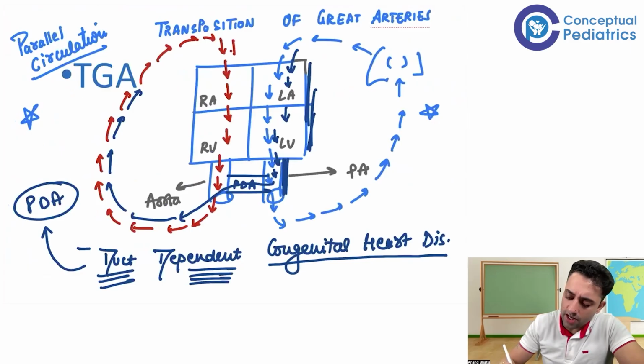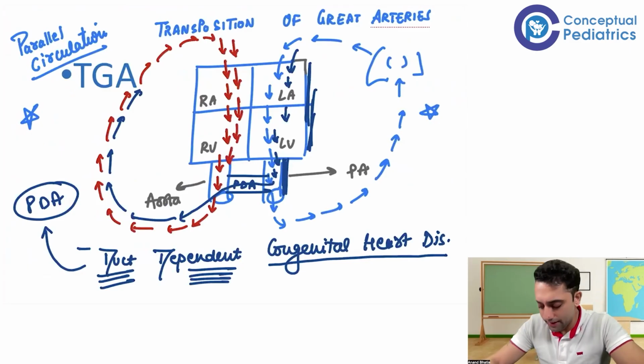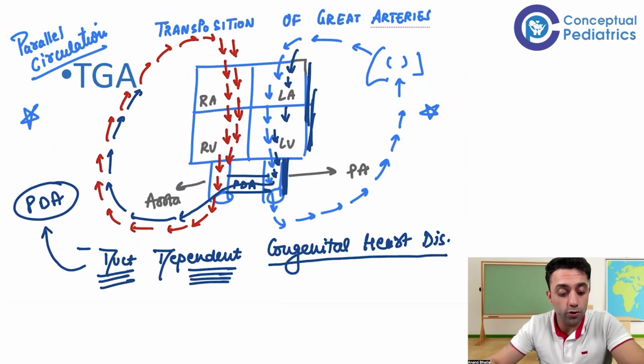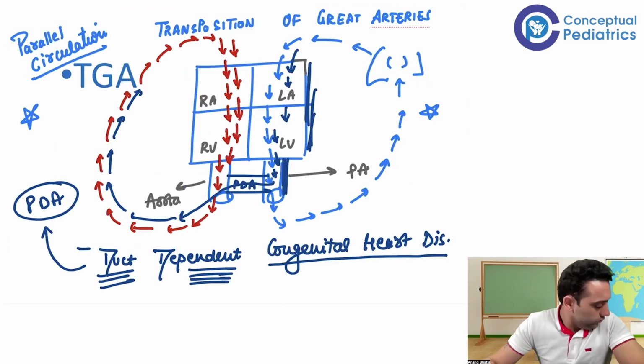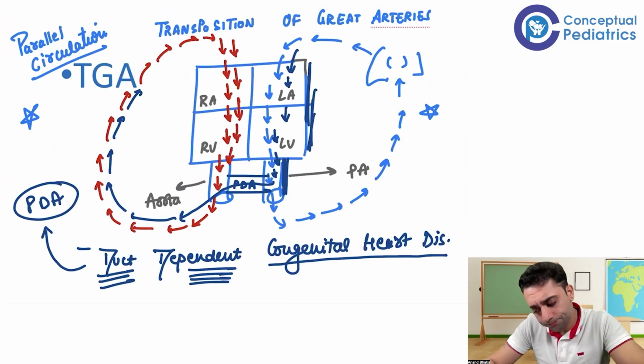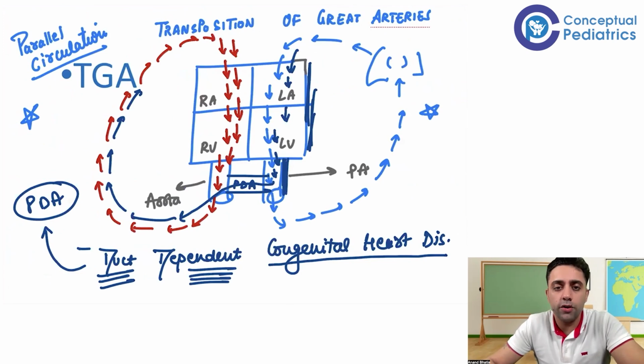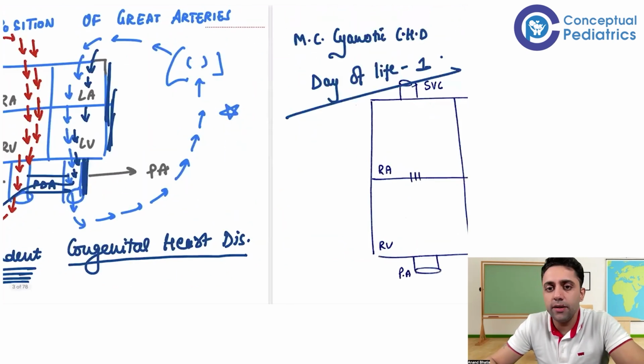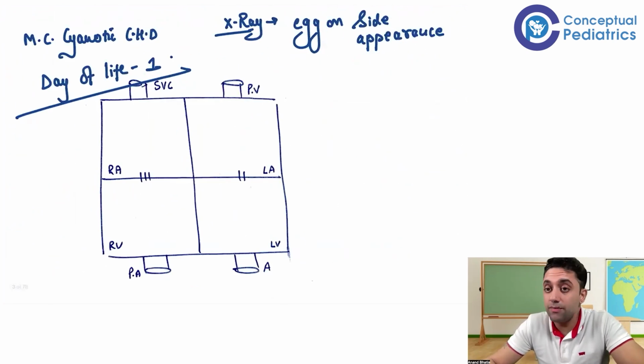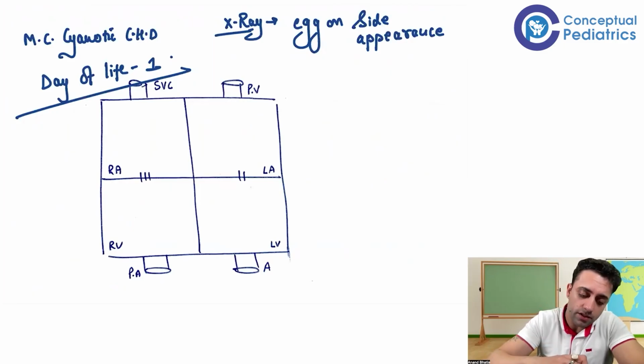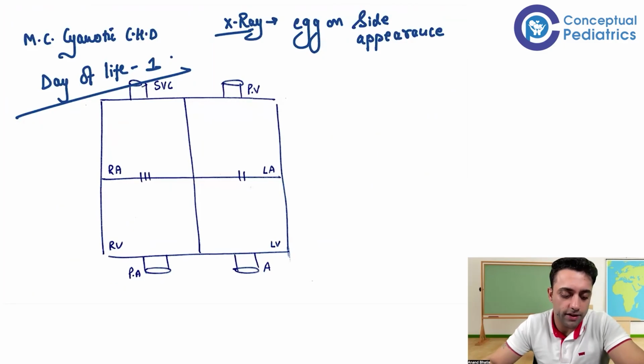Obviously, because the deoxygenated blood enters the right atrium, right ventricle, and then goes to the aorta, the whole aorta. So very importantly, please remember that in TGA the patient will be cyanotic. The most common cyanotic congenital heart disease is nothing but TGA.